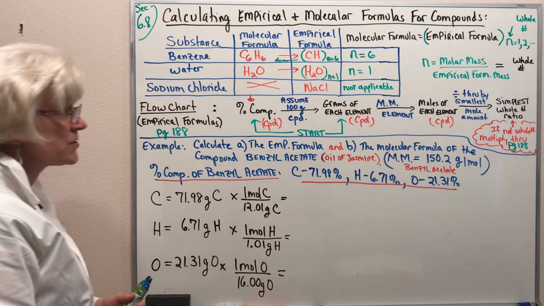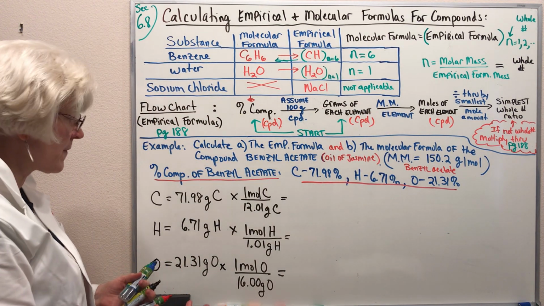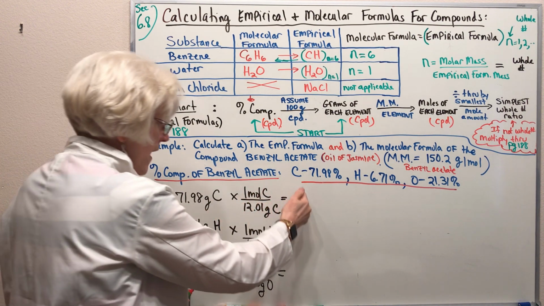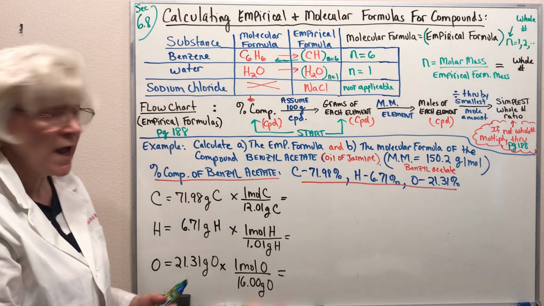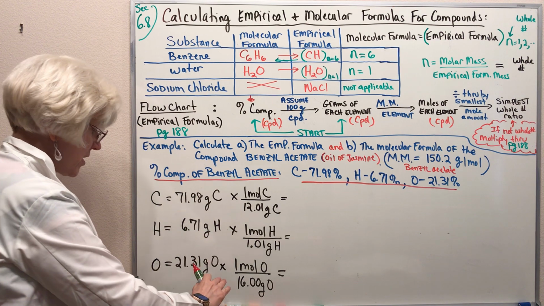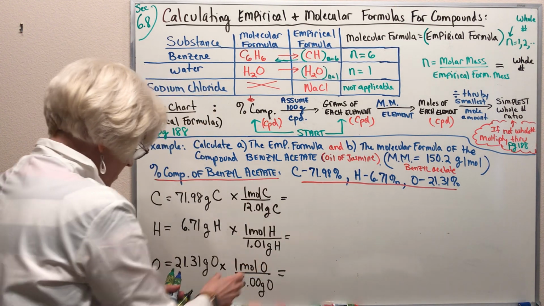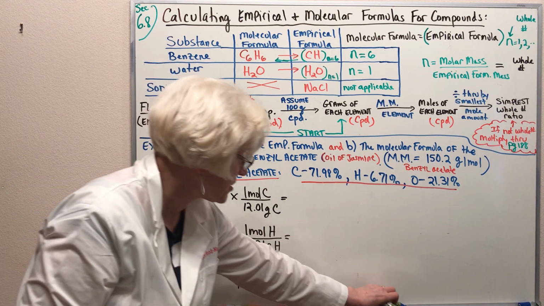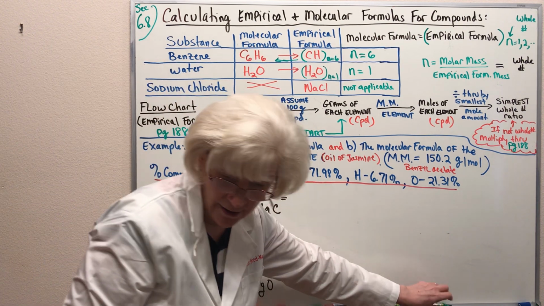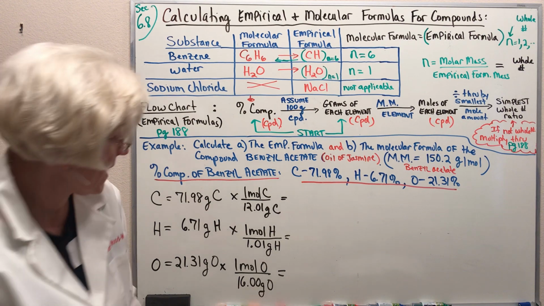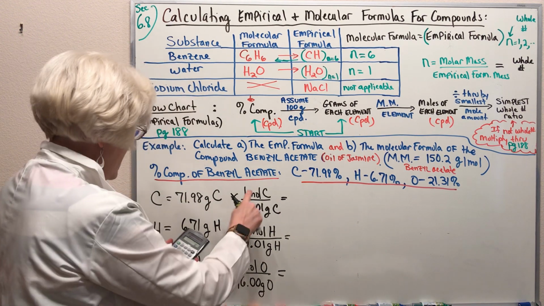Now I want to use the atomic mass or molar mass of each element and find how many moles of carbon, hydrogen, and oxygen I have. So I started the problem out, but let's do this calculation together, right?